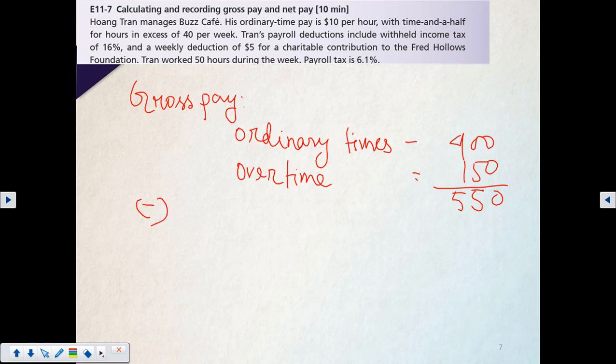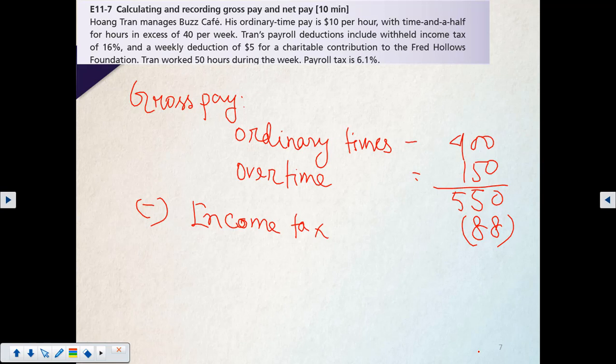Now the charitable contribution and income tax, minus income tax. Income tax is how much? 16% of total income. Don't make a mistake. What is that amount? Anyone? $88, very good.